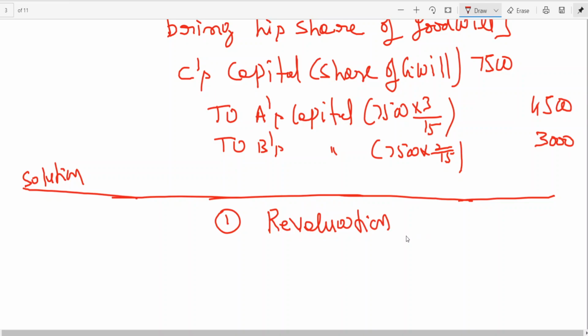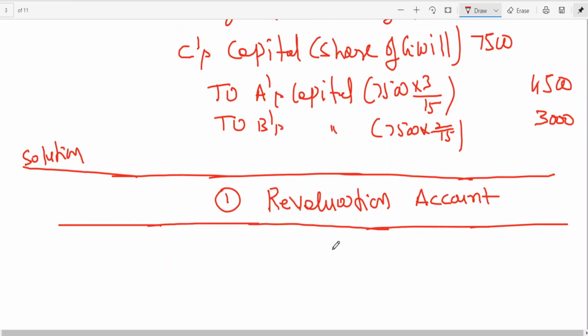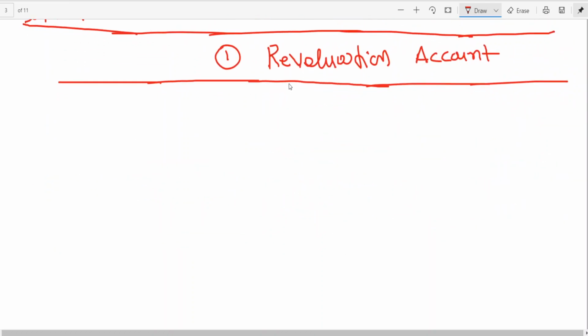Revaluation account they are asking us to open. Am I right? So I open revaluation account.